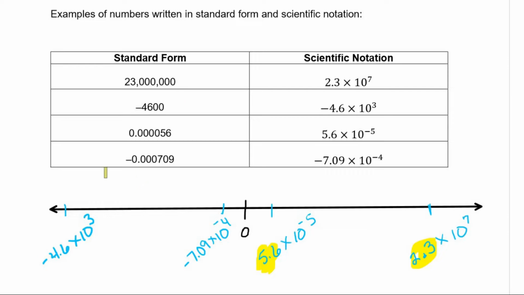If I'm to the left of 0, I have a negative up front of the number. Notice that I have a positive exponent on each end of my number line. The numbers that are close to 0 both have negative exponents.